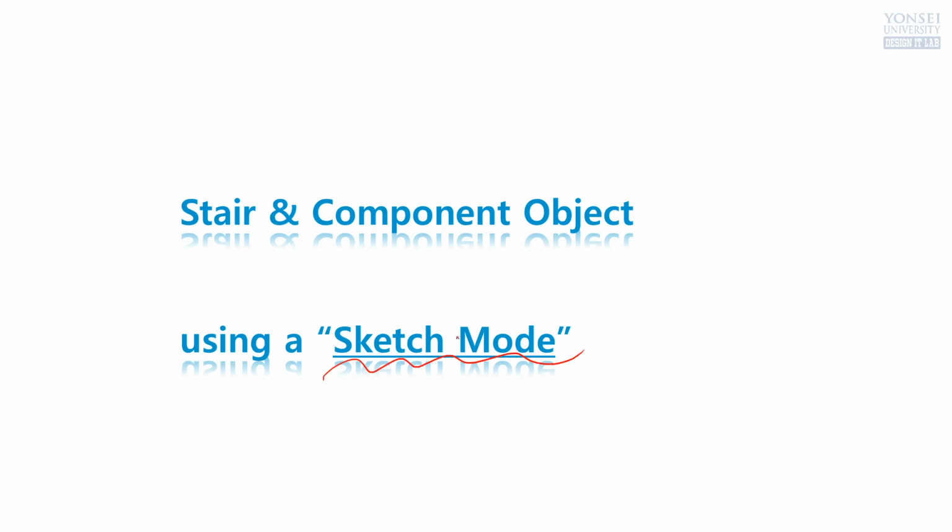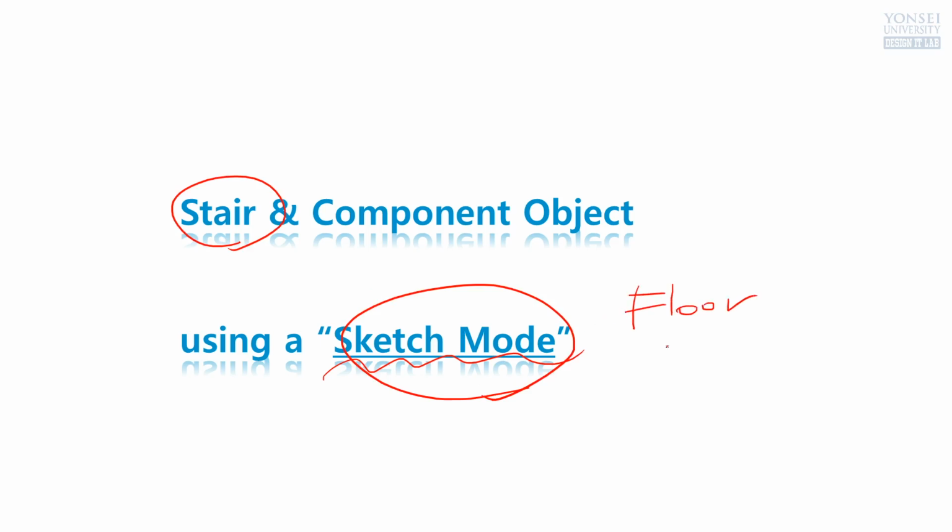But anyway, I roughly introduce the sequence. It's not a fixed sequence, but a kind of common sequence. Wall object first, then the openings, windows and door objects, and some detailed objects, but they need sketch mode. For example, stairs need sketch mode, and floor, slab objects.